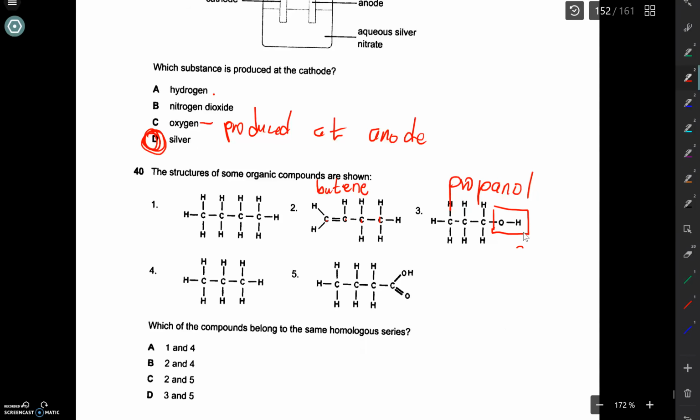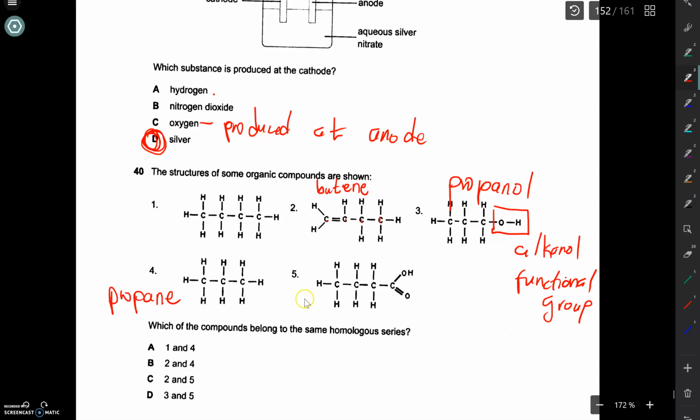OH is the alkanol functional group. This one here contains 1, 2, 3 carbon atoms, so it is a propane.